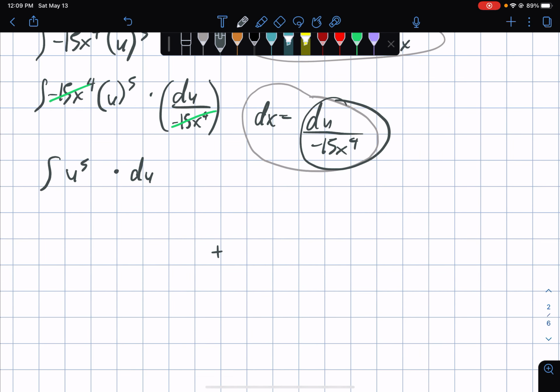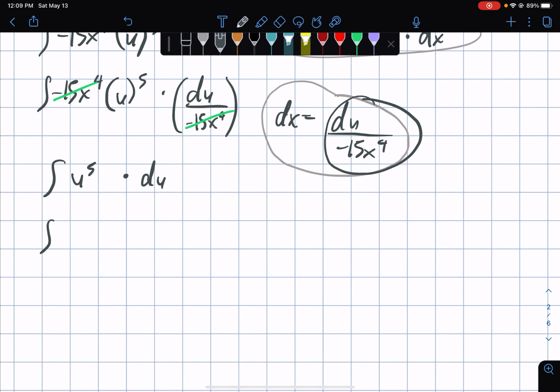The answer will always end up with a plus c, regardless of the situation, unless you're trying to solve definite integrals, in which case you only have an answer that is a constant or an integer. So here we have 5 plus 1, you use power rule, integrate, and then du will become plus c as usual, and then u raised to 6 over 6 plus c.